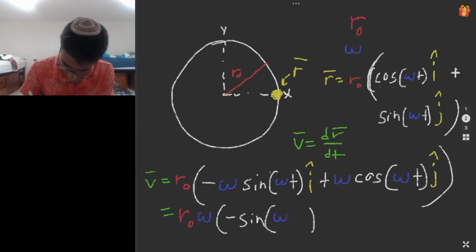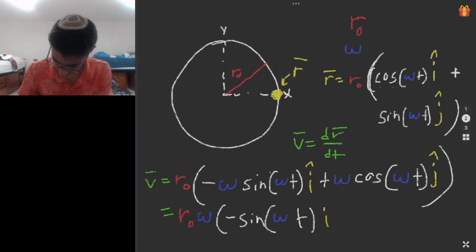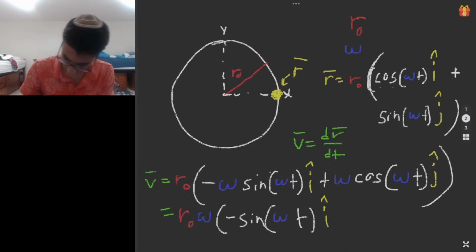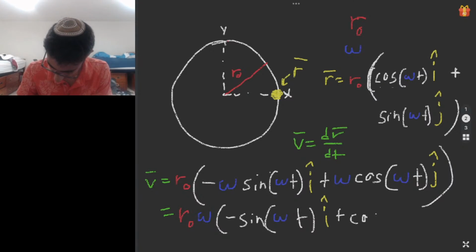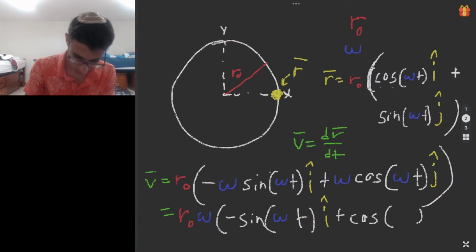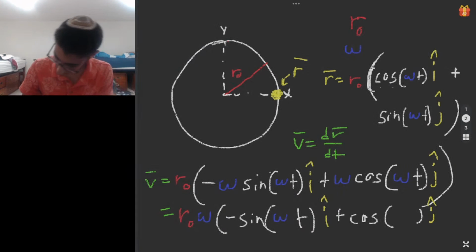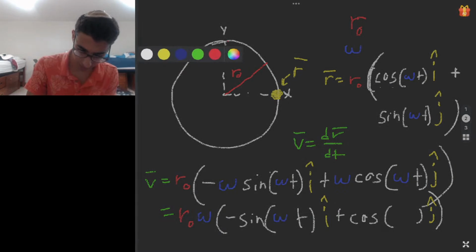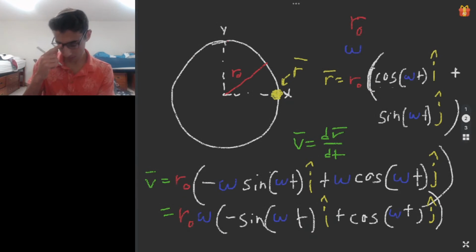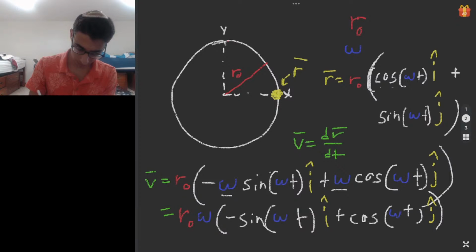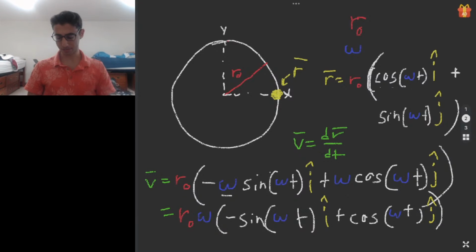So omega t, and then the i hat, plus, and yeah, no more omega, so cosine omega t and j hat with the parenthesis. And I actually have to put the omega t inside, so here we go. Omega t. Okay, so all I did was take this omega and just bring it out, so that now it looks a little bit better, and we could understand this a little bit better.